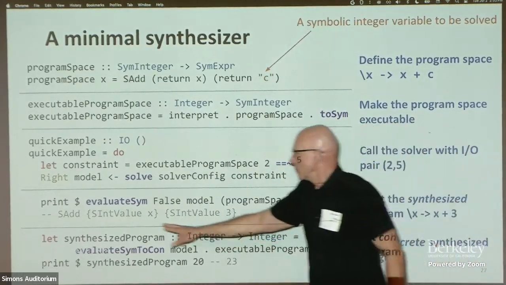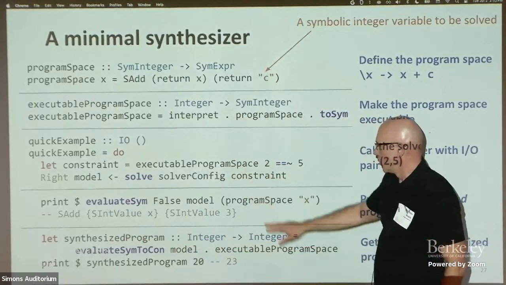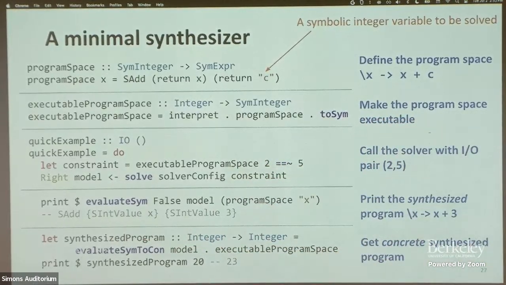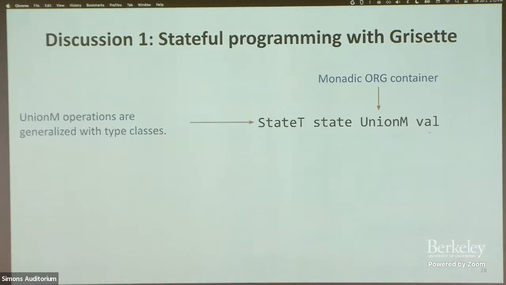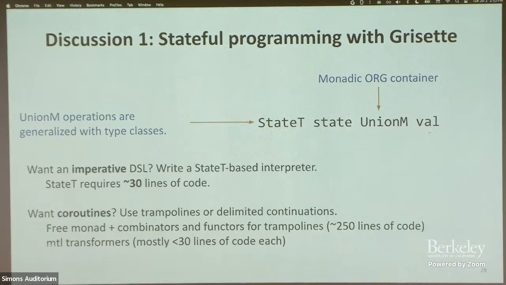Now you can print the result of the synthesis after you solved it, get the actual executable concrete programs, all on one slide. And if you want, you can implement imperative programs or languages with just a state monad that is common, right? Except now you use the union to compose with the state monad, okay?